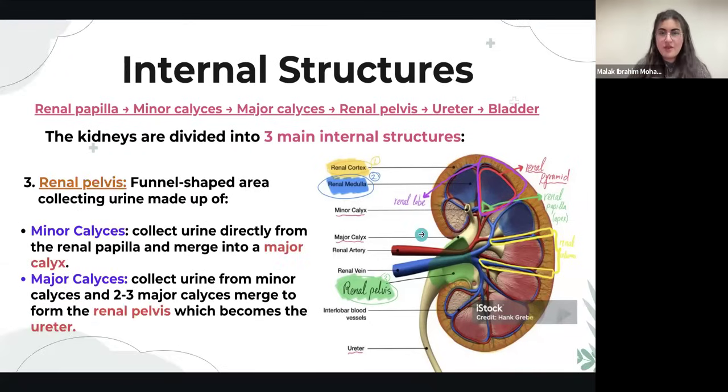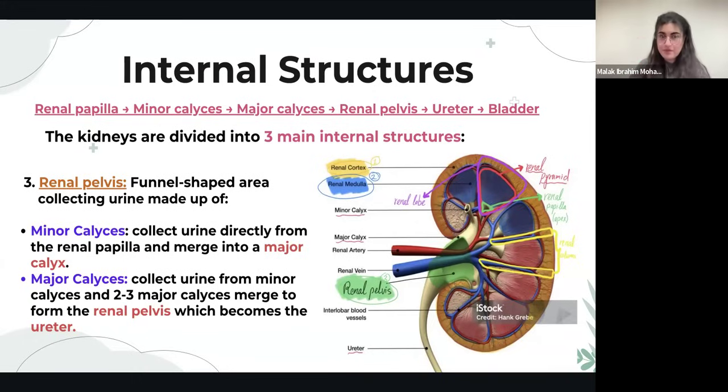Okay, now the third main internal structure is your renal pelvis, which then would make up your ureter later on. Your renal pelvis is basically a funnel-shaped area that collects the urine, and it's made up of two main structures, the minor calyces and the major calyces. Now, the minor ones, they collect urine directly from the renal papilla, which, as we said, is the apex of each renal pyramid.